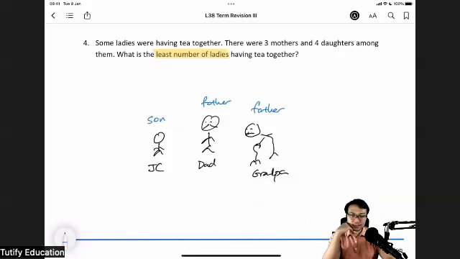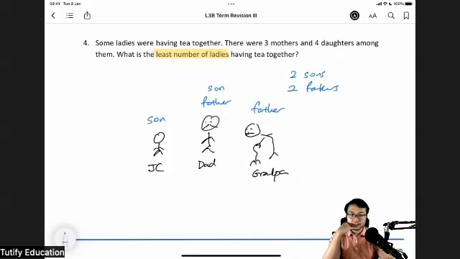So how many fathers are there here in the room? Two. 2 fathers. How many sons are there in the room? One? No, two. Who is the other son? The father. Very good. Your father is the son of your grandfather. So now in this room, there are 2 sons and there are 2 fathers.